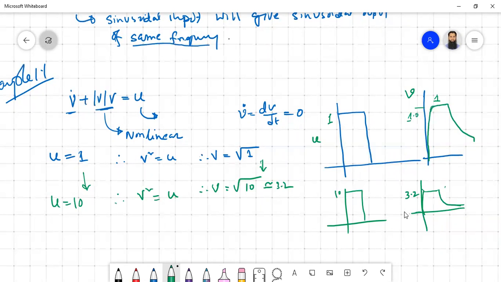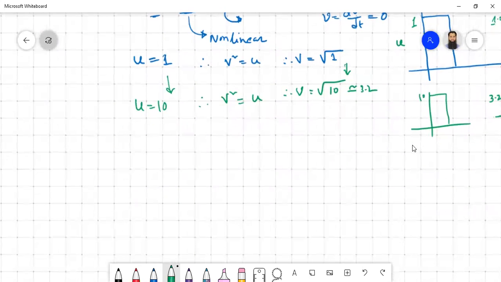Okay, so next, let us try to look at some common nonlinear system behaviors.